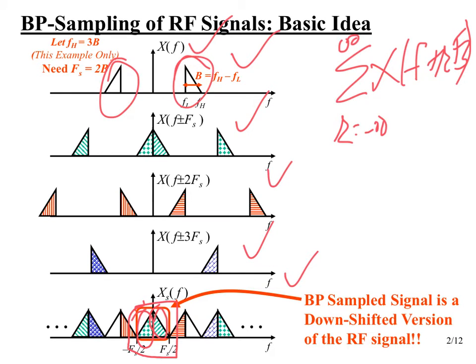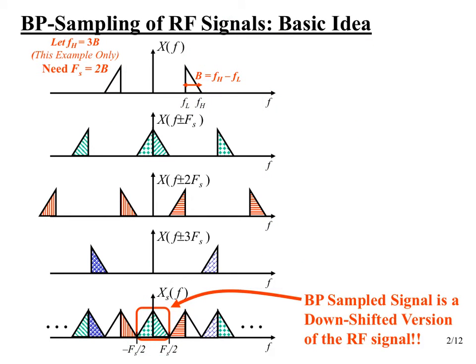And then, as is typical, the next thing that we would want to do from a processing point of view, as we discussed in the last set of notes, is get rid of one of these sides or the other. Remember, we're focusing on the minus fs over 2 to fs over 2 part.